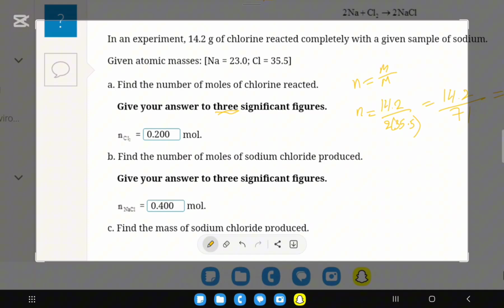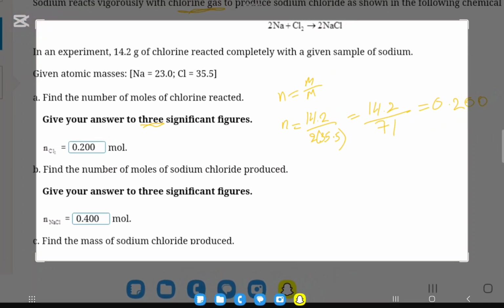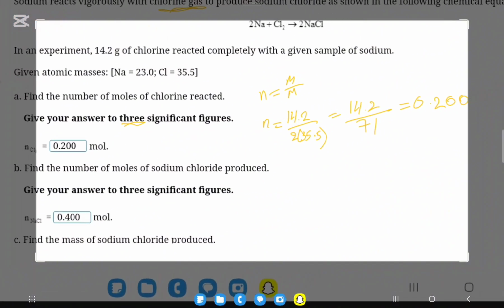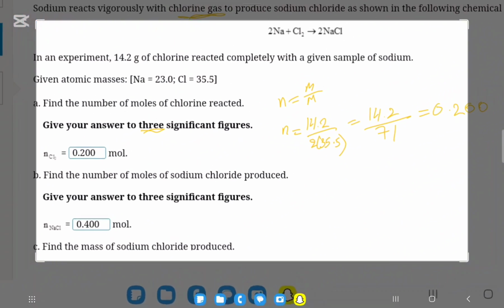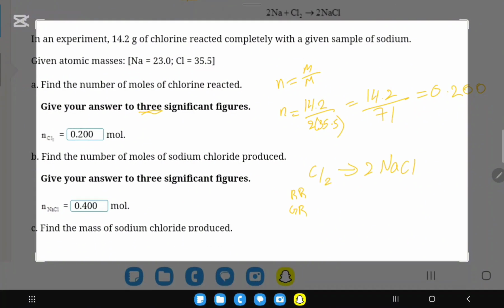Find the number of moles of sodium chloride produced. For this we use RRGR. We have the number of moles of chlorine, but we can say Cl2 produces 2 NaCl. RR is reactant ratio and GR is given ratio.